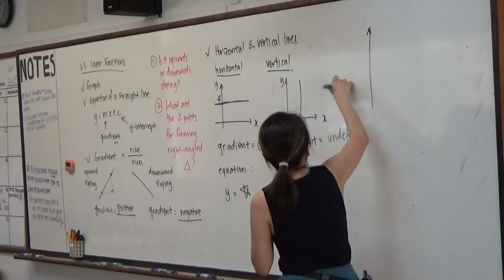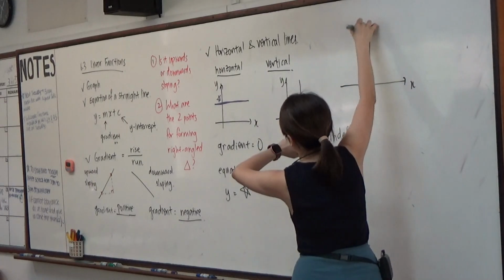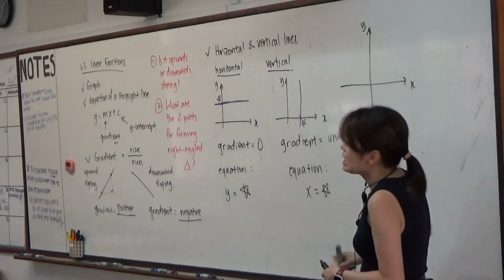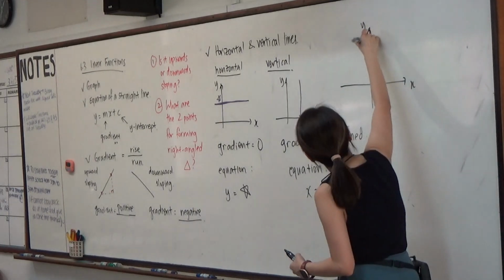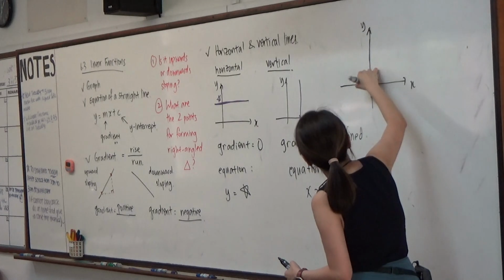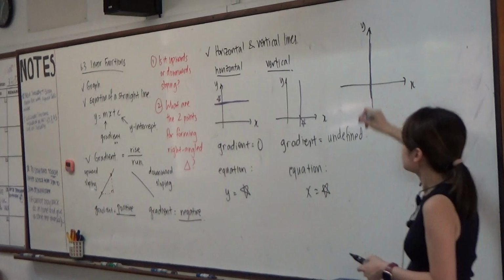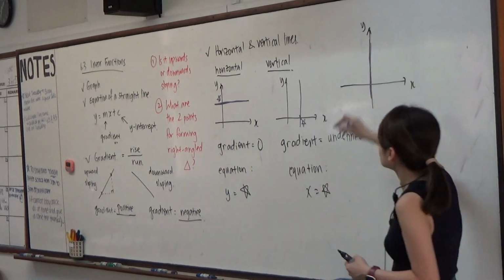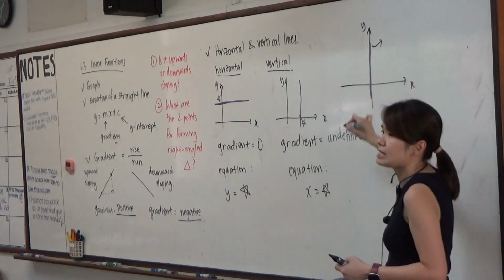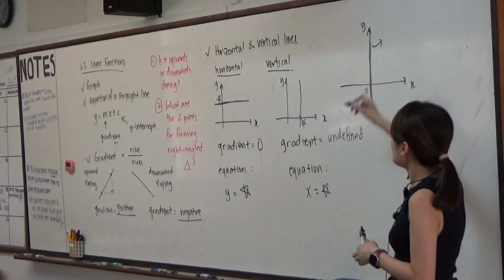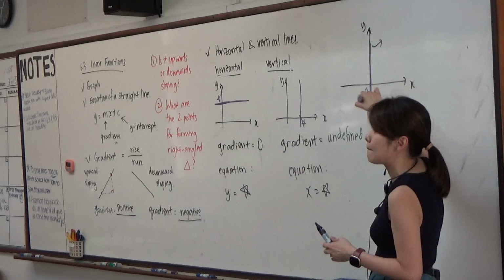Okay, so there are also other unique cases. If I have a set of axes, over here like that, and let's say I have a vertical line that is directly on my y-axis. This is my vertical line. What do you think the equation of this line should be? What is the equation of this line?